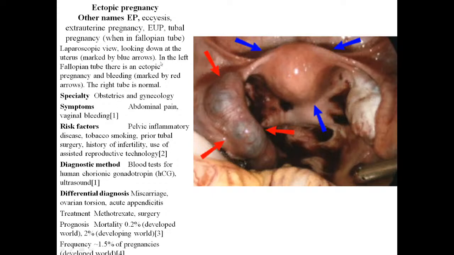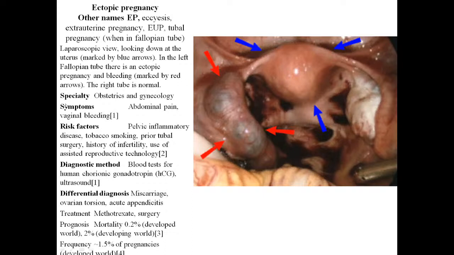And in the left fallopian tube, there is an ectopic pregnancy and bleeding, marked by a red arrow. In this slide, you can see ectopic pregnancy inside the tube. This pregnancy led to rupture of this tube and rupture of the tube artery, and led to internal bleeding. You can see in here signs of internal bleeding.